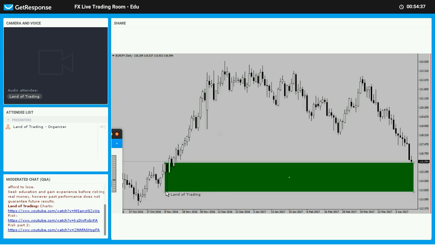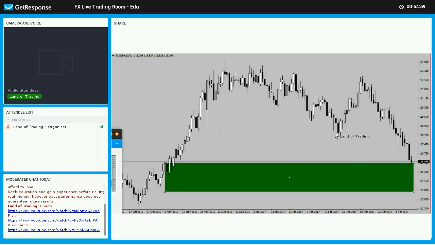The thing is that it's very wide, this daily demand, the possible daily demand. All right, but we are right now at the top of this range.